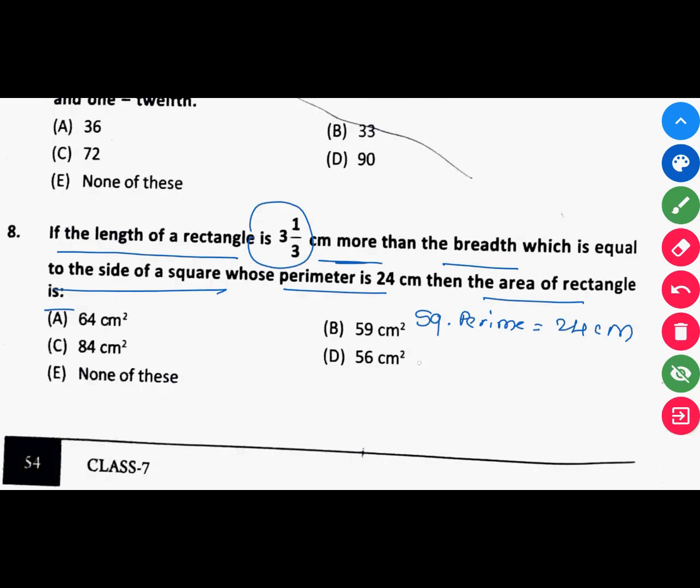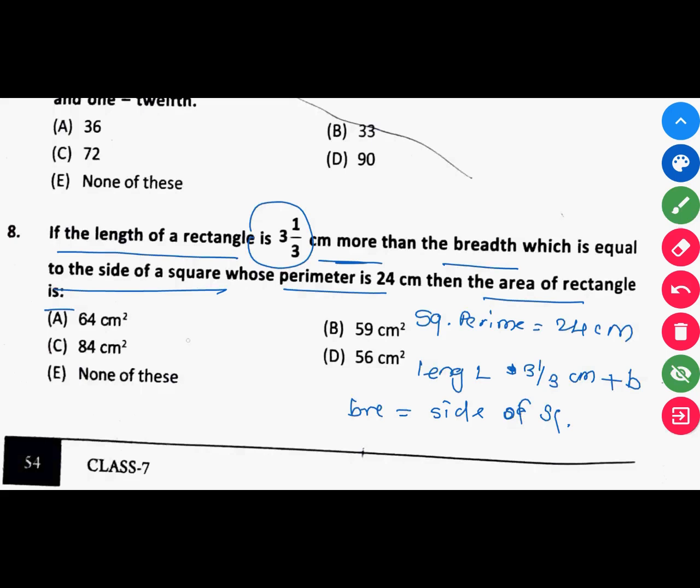The length of the rectangle is 3 1/3 centimeter more than its breadth, and this breadth is equal to the side of the square.